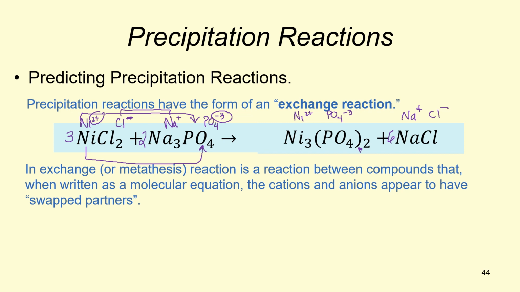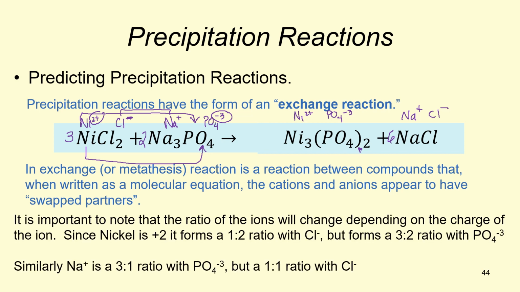So this is called a metathesis reaction sometimes, or an exchange, or sometimes, like I said, I call it the swap your partners equation. So again, this is just highlighting the importance. The important thing to note is the ratio of the ions will change depending on the charges of the ions. So again, nickel phosphate will always form this compound because nickel is a +2, phosphate's a -3.